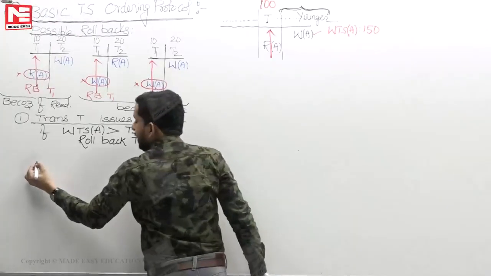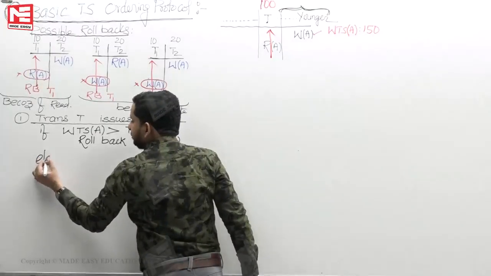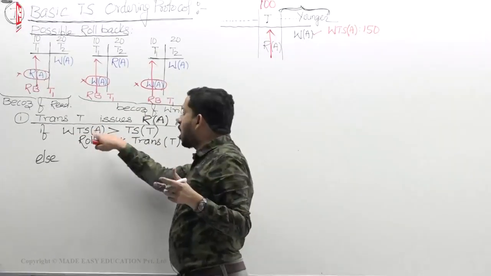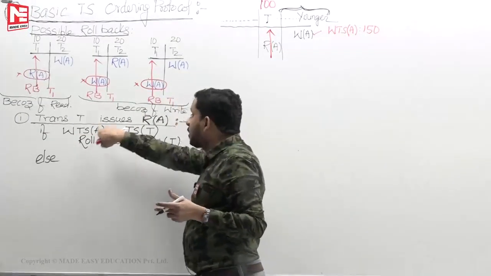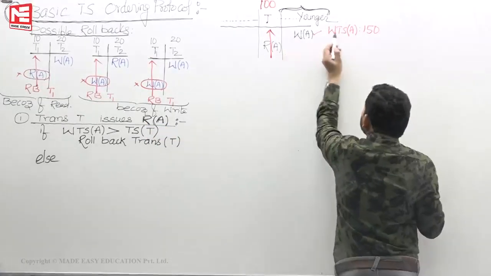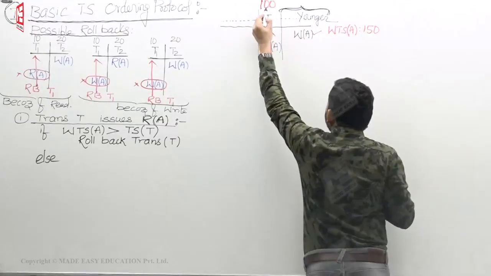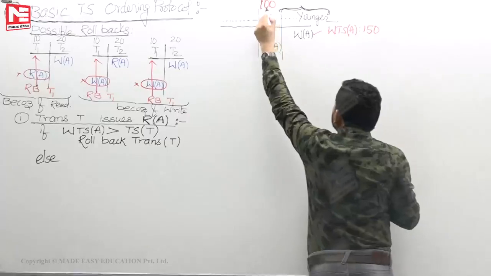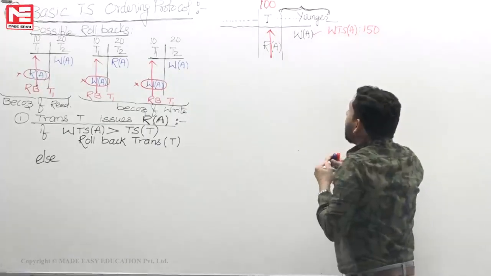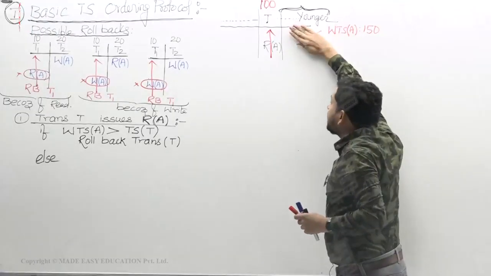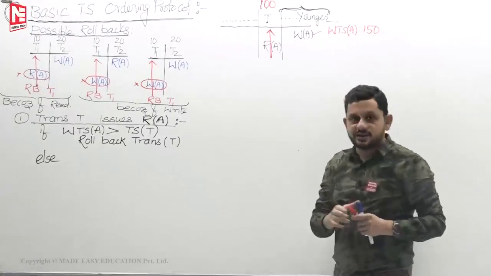Otherwise, else, it means the write timestamp of the data is not more than the transaction timestamp value. If the write timestamp value of A is not more than 100, it means a younger transaction has not done the write. If a younger transaction has not done the write, this read is not an issue.